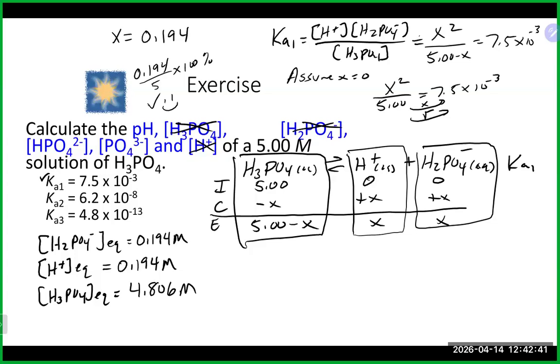Now, unfortunately, they want a bunch of other things. So the only way we could really get to this guy is we have to do the next hydrogen coming off. So the next step that's going to happen is our H2PO4 minus is going to lose that second hydrogen and make HPO4 2 minus, which again is something that we're looking for.